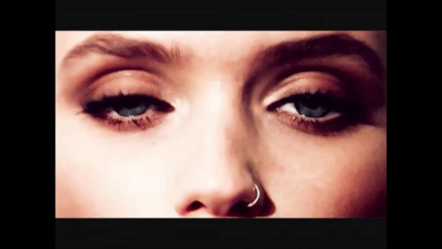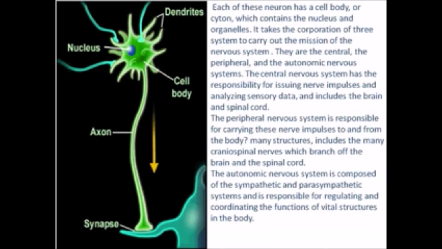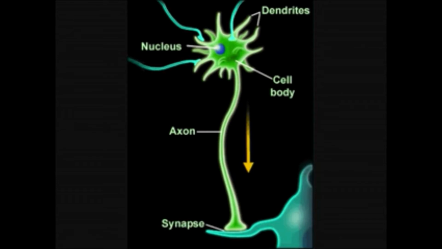For example, if we touch something, impulses travel through the nerve network to the brain at a rate of 350 per second. It is largely made up of specialized cells called neurons. Each of these neurons has a cell body or cyton which contains the nucleus and organelles.